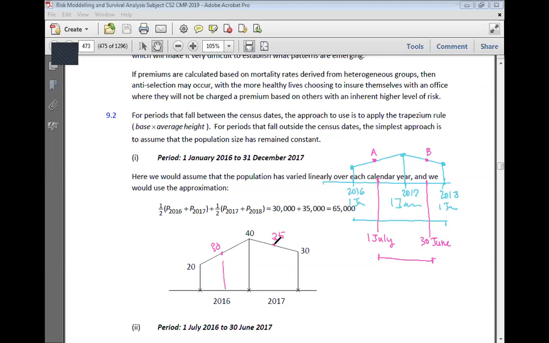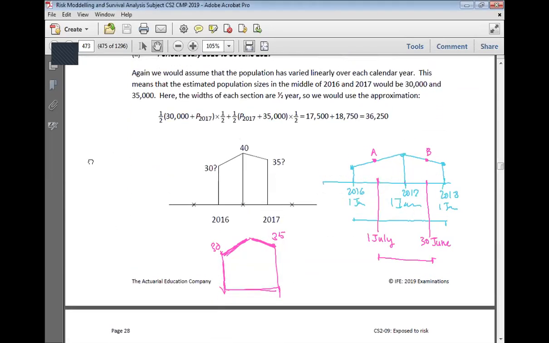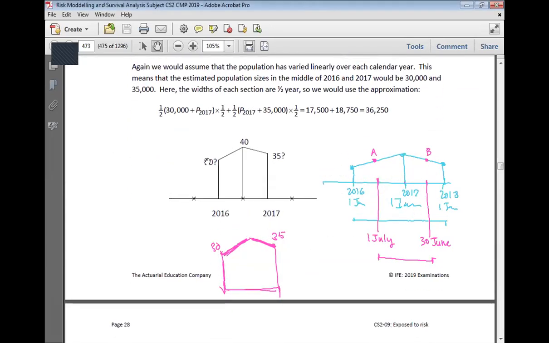So we already know this, and then we can just approximate one here and then a second approximation here to get the central exposed to risk from this to this, right? Which is what we care about here. So let us see what they have done. Yes, they have done similar, right? So 30 plus 40 divided by 2 and 40 plus 35 divided by 2.